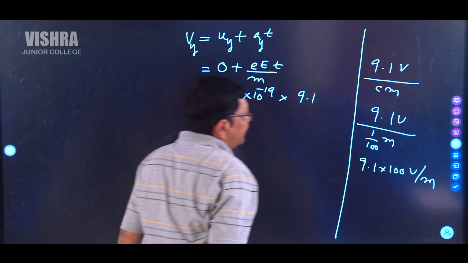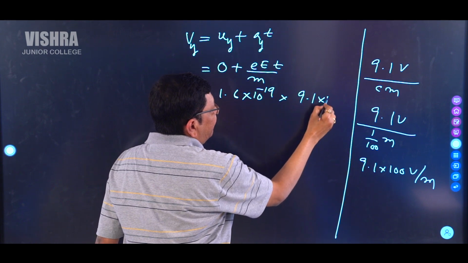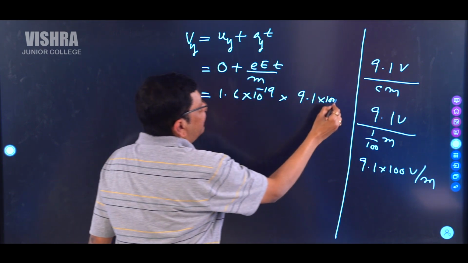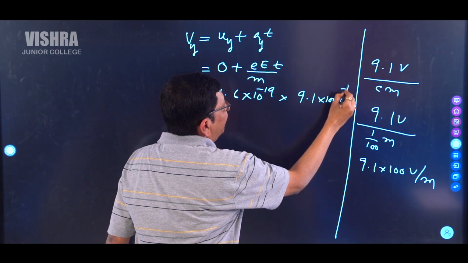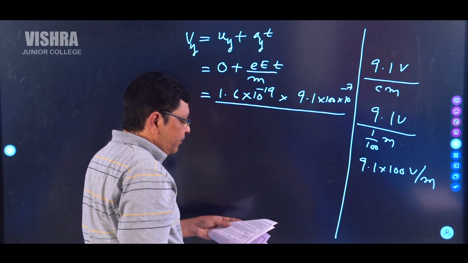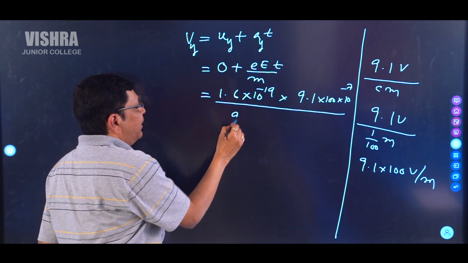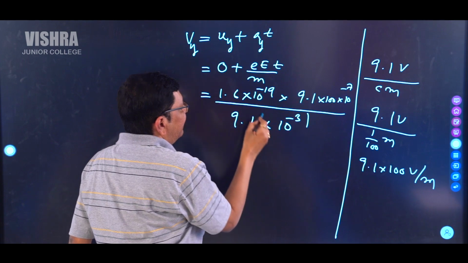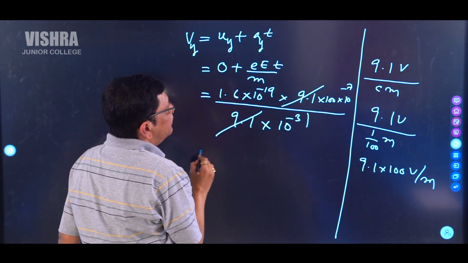If you convert in SI system, 9.1 into 100 volt per meter is the electric field, multiplied by time, 10 power minus 7 seconds, divided by mass of electron given in the question, 9.1 into 10 power minus 31 kg. 9.1 naturally cancels.